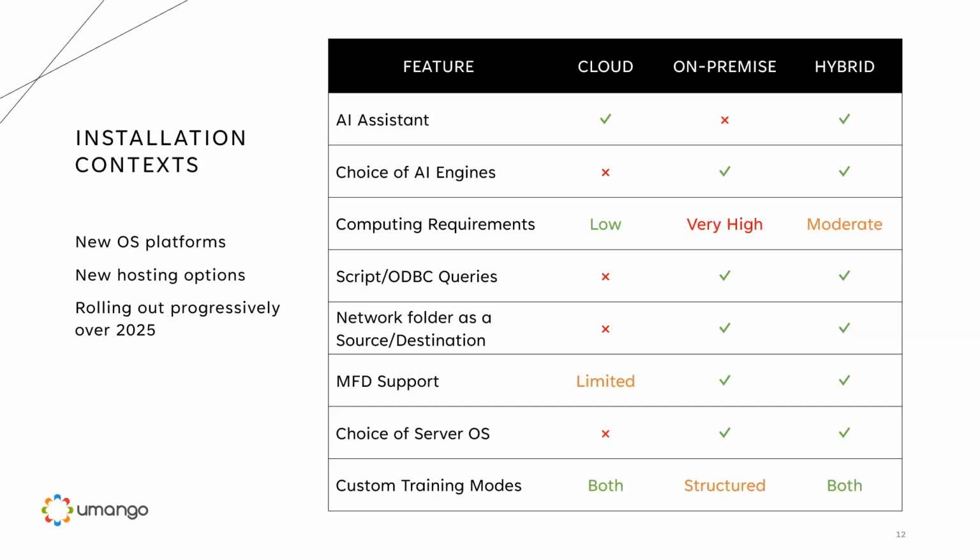Probably the other notable mention there is computing requirements. If you're going to run Umango on premise using image-based Ask AI and doing queries on images and those kinds of things in documents, that is incredibly computer processing intensive, and you're probably going to need a GPU. So just bear in mind, it might seem nice to be able to run everything on premise, but you're going to consume a chunk of processing power to do it, and it's not always practical.